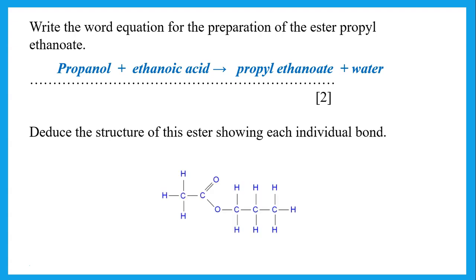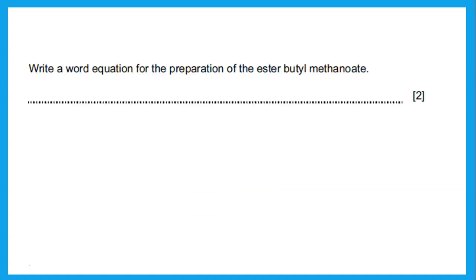Draw the structure. We said you start by drawing the acid. This was from ethanoic acid. So you're starting on the left with an acid that has 2 carbons, and then you complete with the alcohol that has 3 carbons. Fill out with hydrogen so that each carbon has a total of 4 bonds.